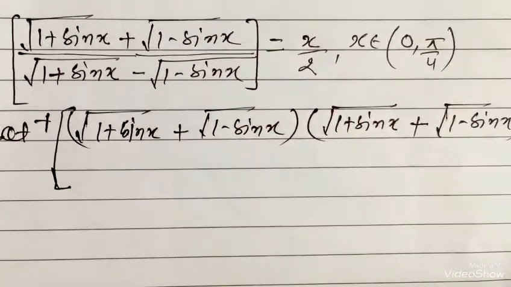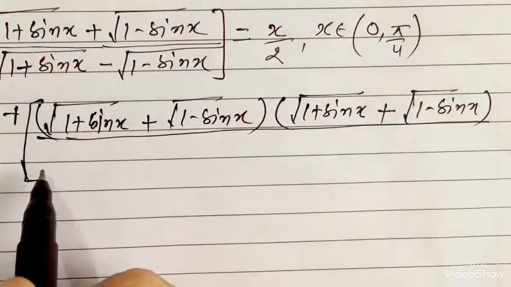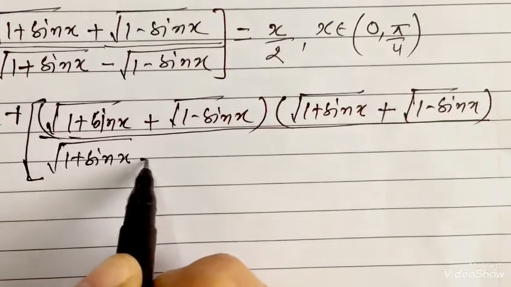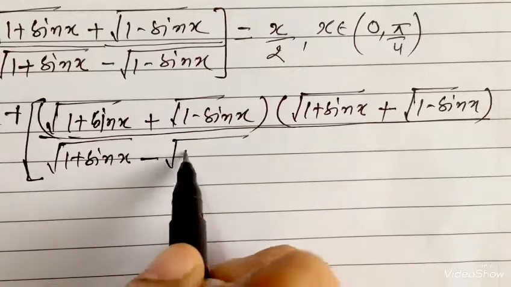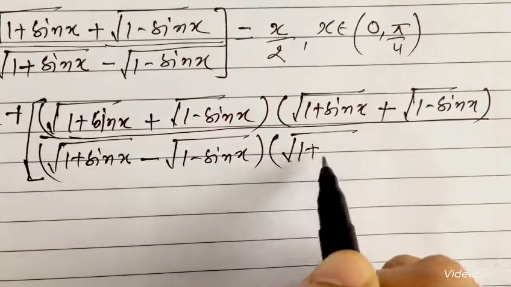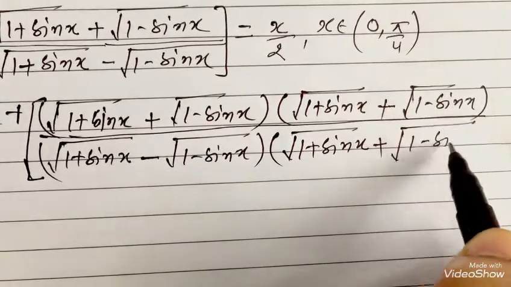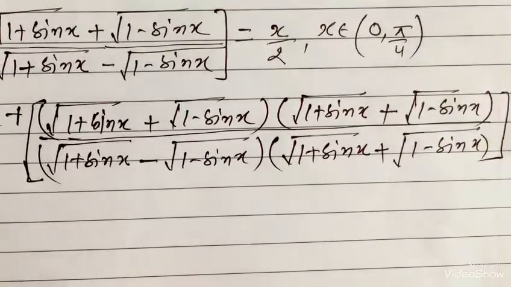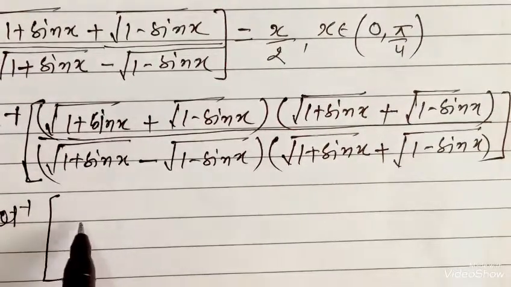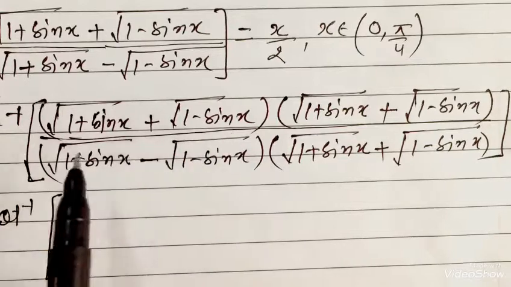And in the denominator, it is under root 1 plus sin x minus under root 1 minus sin x, multiplied by under root 1 plus sin x plus under root 1 minus sin x. So it is cot inverse. Here, students, it is the whole square of under root 1 plus sin x plus under root 1 minus sin x.